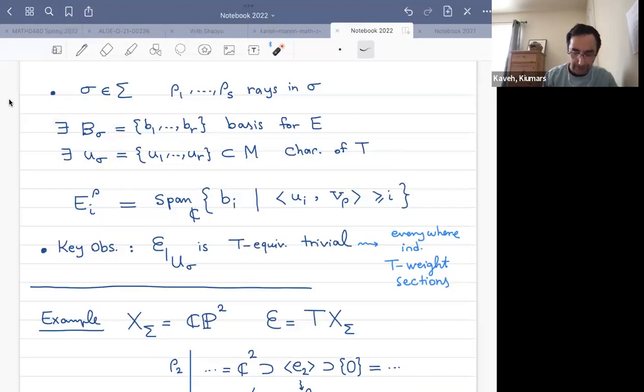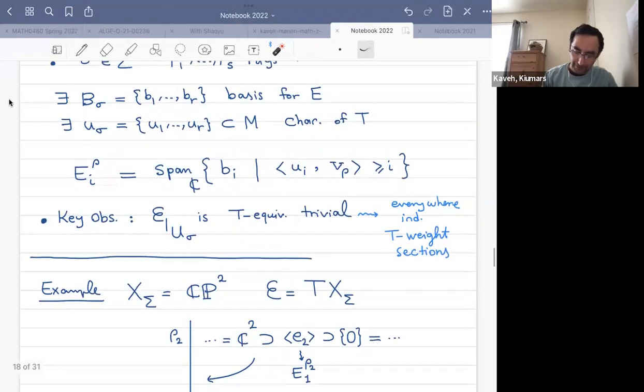Here, there exists a basis for your vector space and a bunch of characters or linear functions, such that the ith space in the row filtration is spanned by the basis elements that pair with the primitive vector bigger than i.